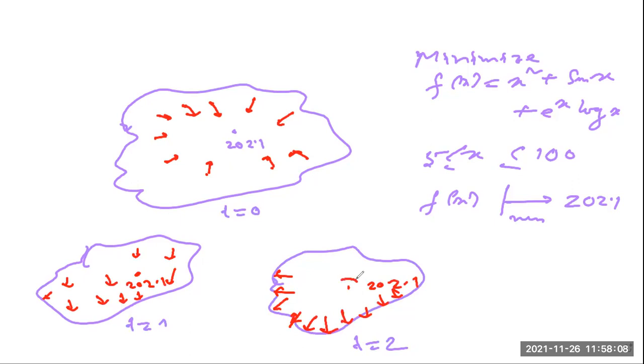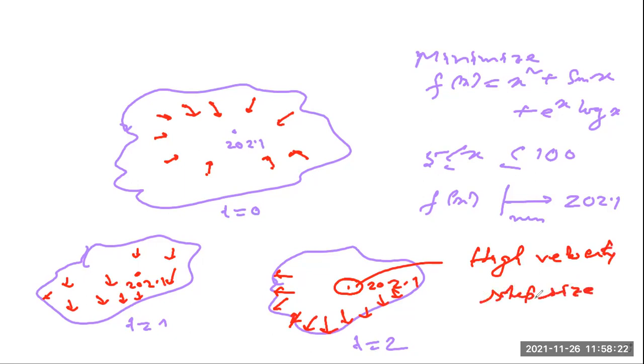So instead of getting the actual value, because of the high velocity and step size, both things are important, the particles may cross this boundary. There are some chances the particles may cross this boundary.